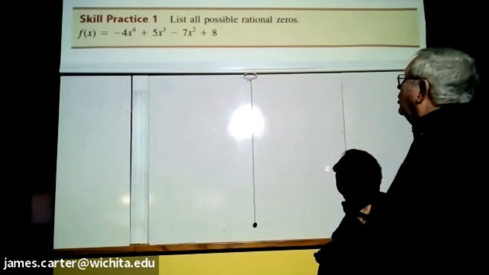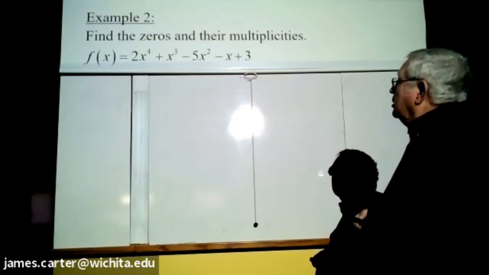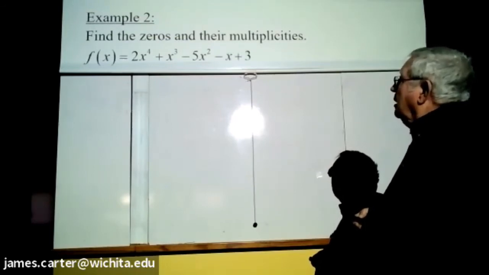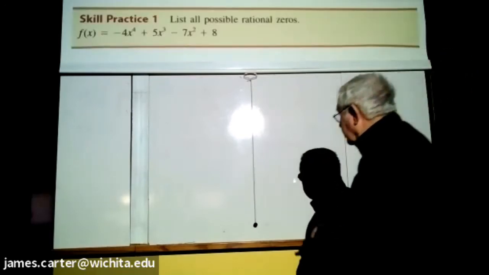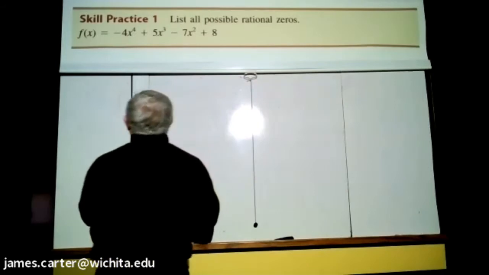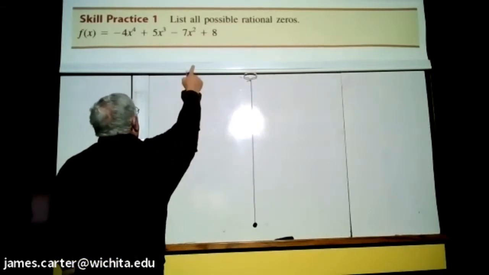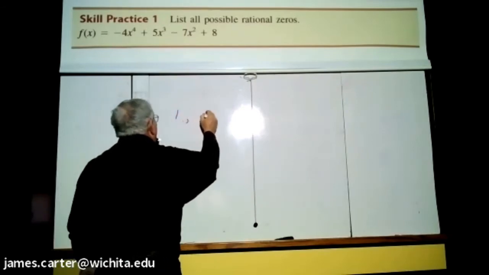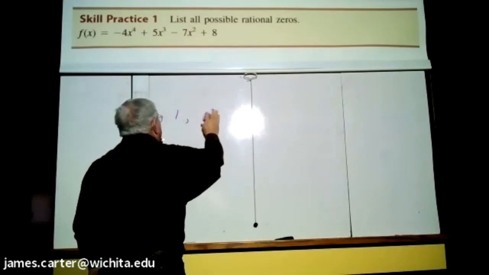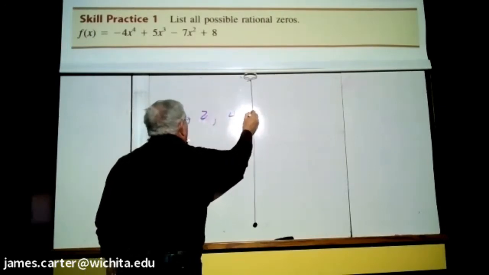Here, list all the possible zeros and their multiplicities. It wants us to actually find them. Oh, here we're just going to list them. So in this case, we've got our 8 produces 1, 4, 2, 4, and 8.